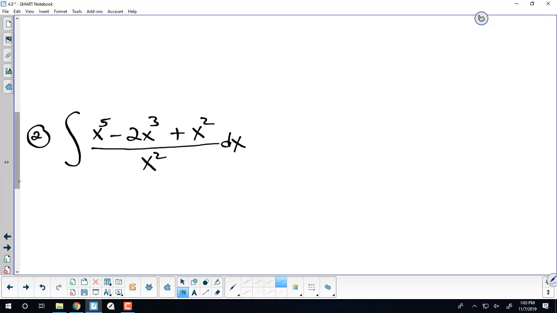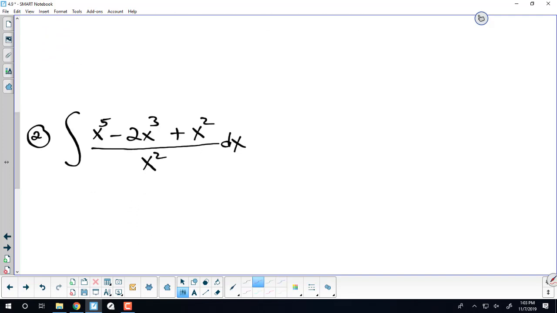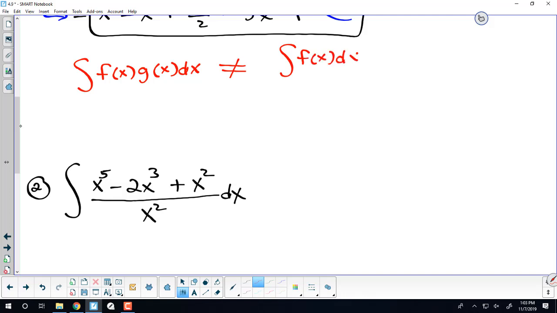So if you're presented with a quotient or a product, you cannot take the antiderivative by quote unquote distributing the antiderivative through a product or through a quotient. Let me write this here. If we have the antiderivative of f times g with respect to x, it's not the antiderivative of f times the antiderivative of g.